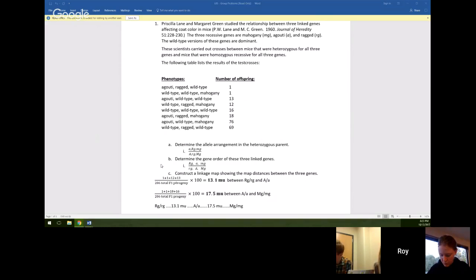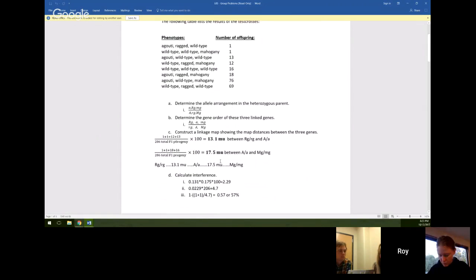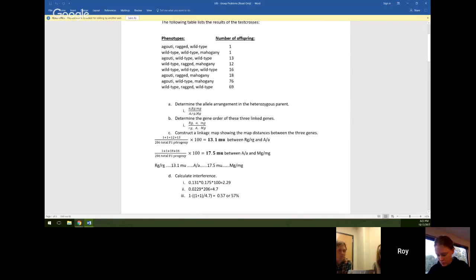Okay, and then C, so then you construct a linkage map. To do that, you take the one in the correct order, and then you do a single crossover, and then you look and see which one matches those.